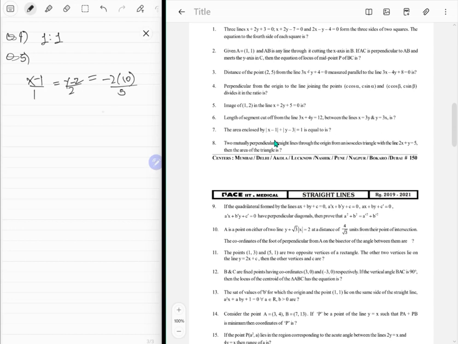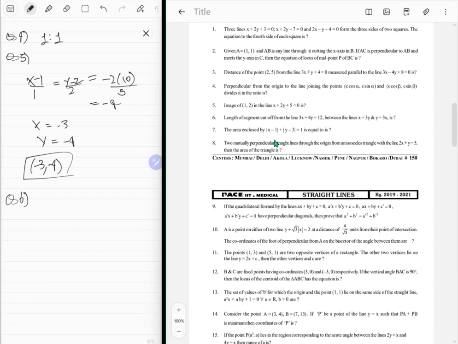Negative 4, there you go. So x is negative 4 plus 1, which is negative 3, and y is negative 6 plus 2, which is negative 4. So it's negative 3 comma negative 4. There we go. That's the thing. Let's go to question number 6.